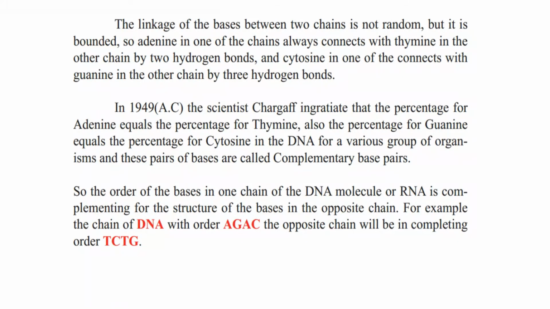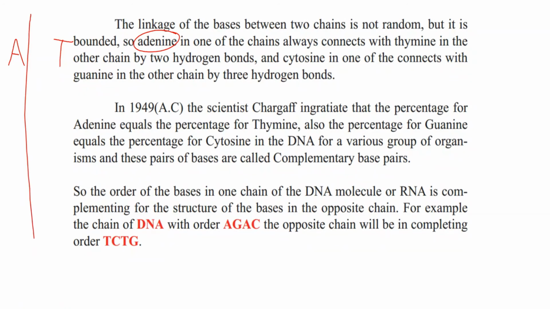The linkage of the bases between the 2 chains is not random, but specific. Adenine in one chain always connects with thymine. So adenine, which we symbolize by A, always makes a pair with thymine in the other chain.